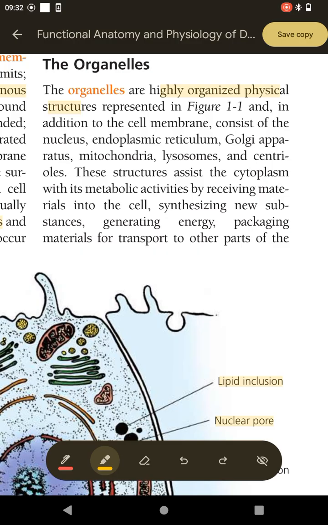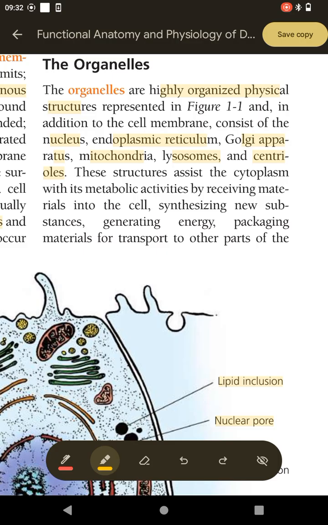I will tell you about all these structures. The organelles are the nucleus, endoplasmic reticulum, Golgi apparatus, mitochondria, lysosomes, centrioles. These are examples of the organelles in an animal cell.